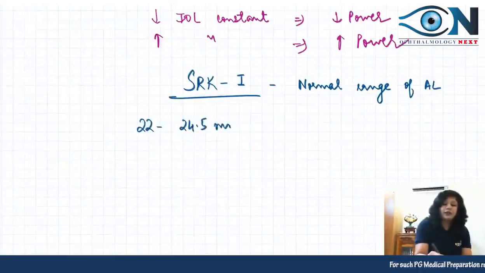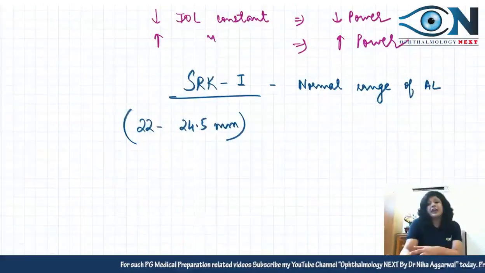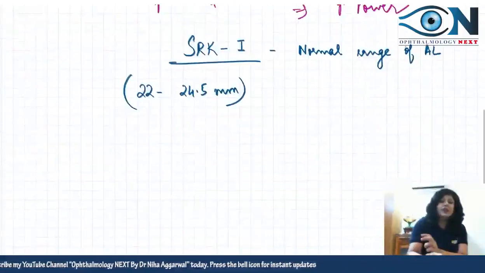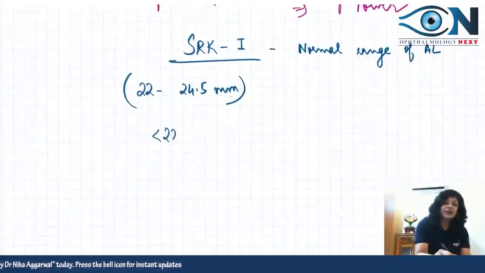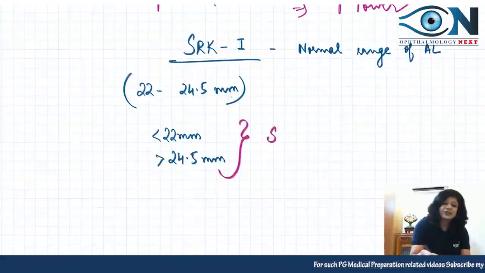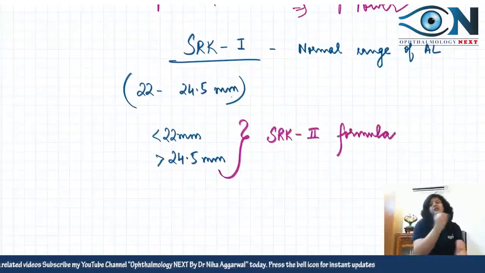So if I am having less than 22 mm axial length, or more than 24.5 mm of axial length, in these two cases I will require the second generation SRK2 formula.